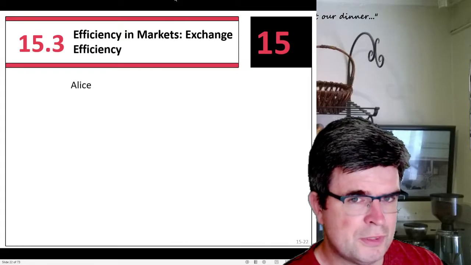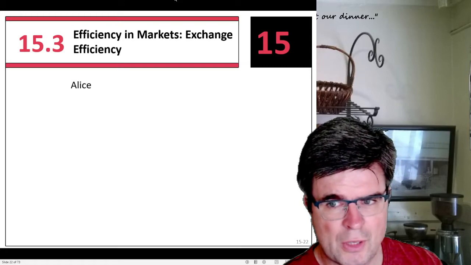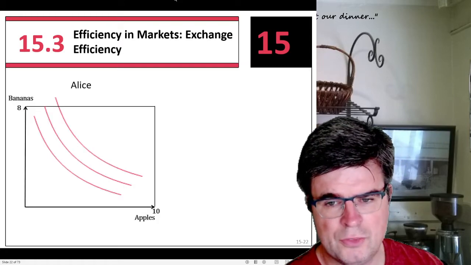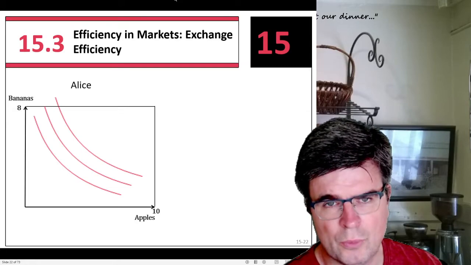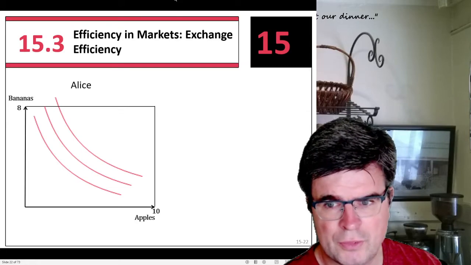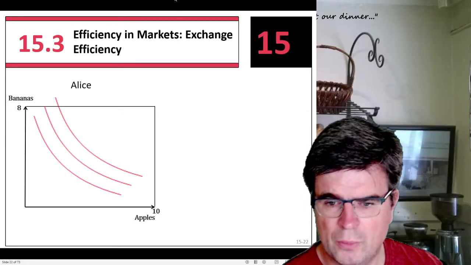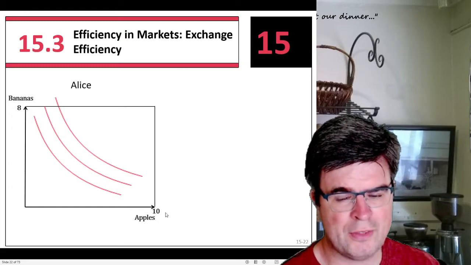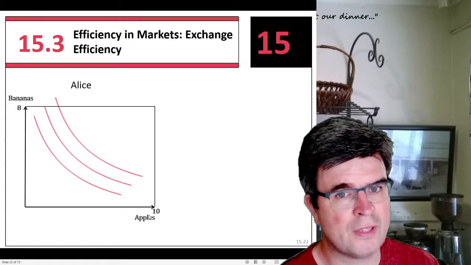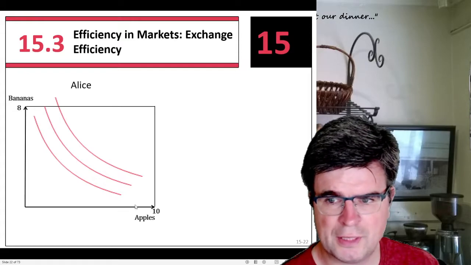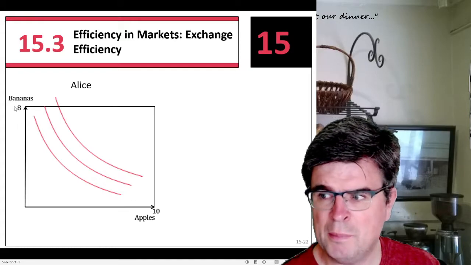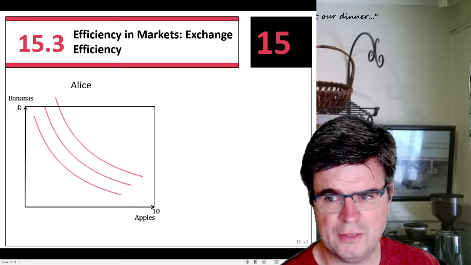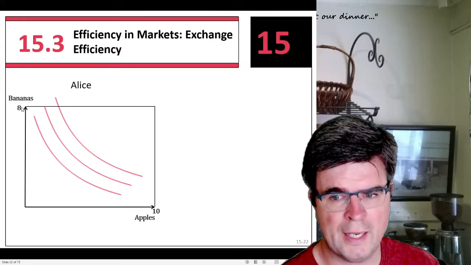So let's first consider the preferences of Alice by graphing a couple of indifference curves. On the x-axis we have the apples, and we have the 10 here because in total there are 10 apples available in this society. In total 8 bananas are available in the society, so we put that here on the y-axis.